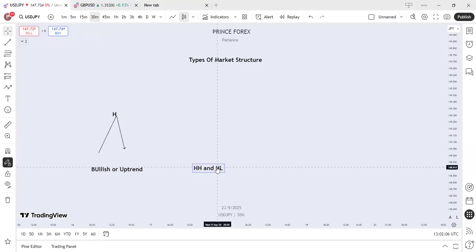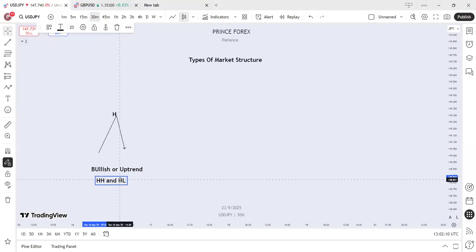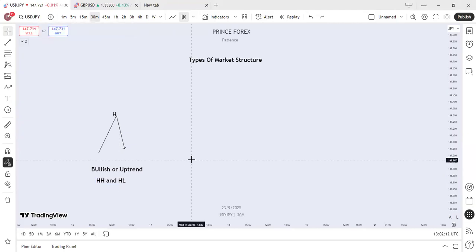So these are the characteristics for an uptrend. And what do we mean by higher highs and what do we mean by higher lows, right? So this particular high here is a high, right? Let's consider this as our previous high.